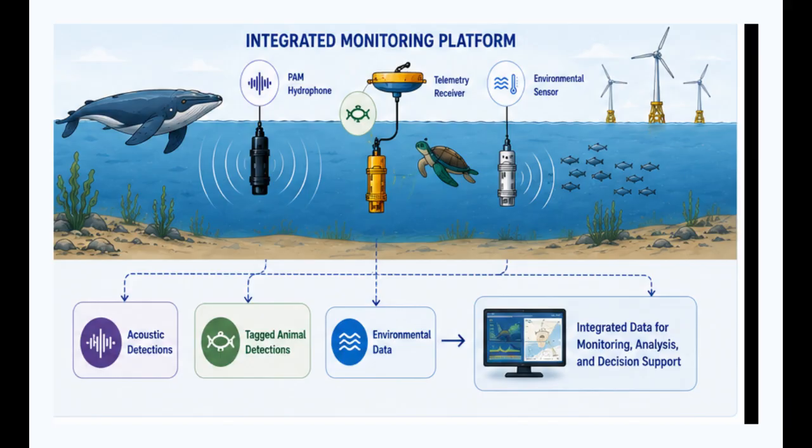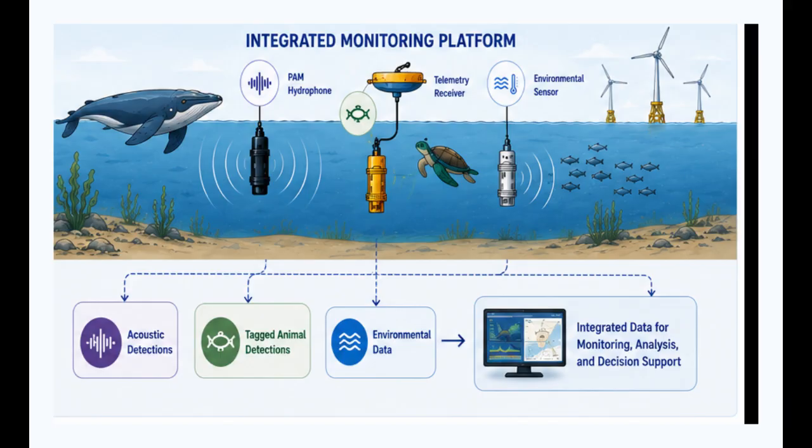And increasingly, it applies to integrated platforms. For example, a single mooring might carry a PAM hydrophone and an acoustic telemetry receiver. One sensor listens for whales, another detects tagged fish or sea turtles. The platform may be shared, but the data pipelines are not identical.